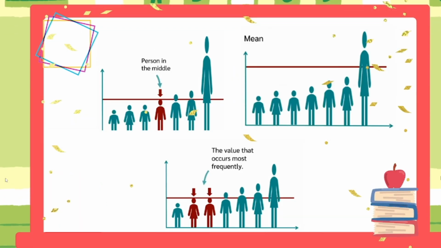Example: 2, 3, 4, 4, 5, 6, 7. The mode is 4. If two values appear most frequently, it has two modes and is called bimodal. Example: 2, 3, 4, 4, 5, 5, 6, 7. The modes are 4 and 5. More than two modes, as in 2, 3, 4, 4, 5, 5, 6, 6, 7, is called multimodal.